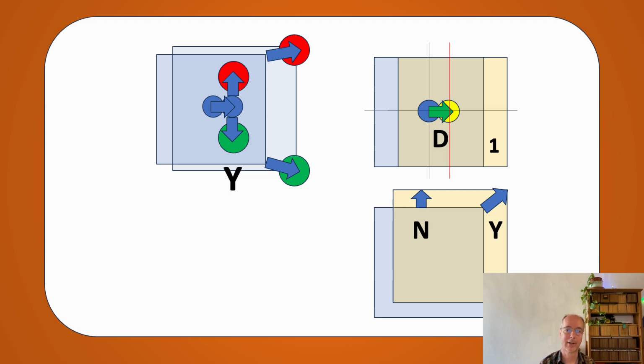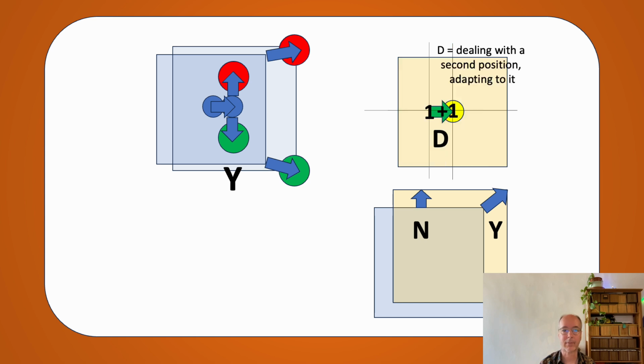The D is of course dealing with a second position, a second opinion, and it adapts to it so that it can still keep a balanced view towards it with the right context. This right context is the D, the N and the Y together.